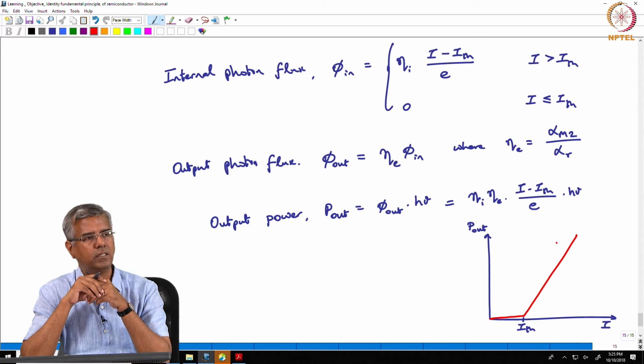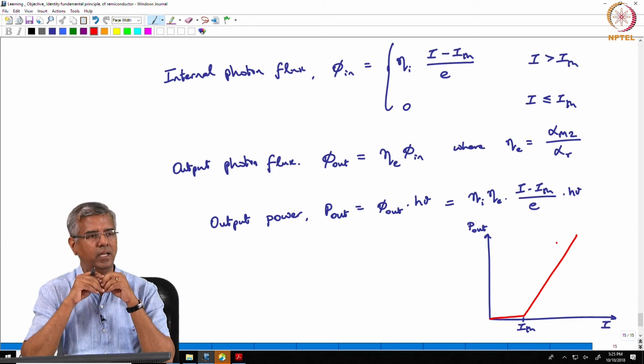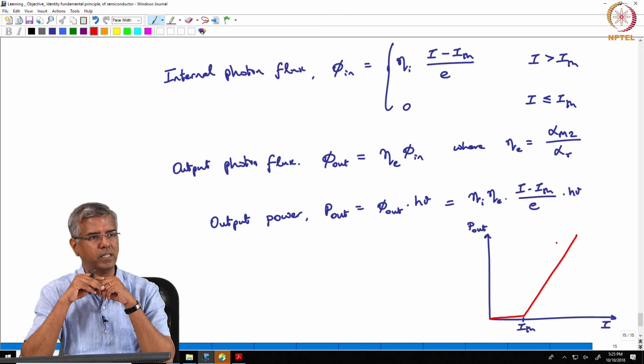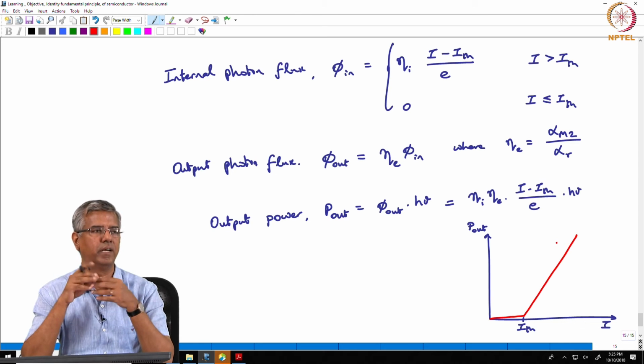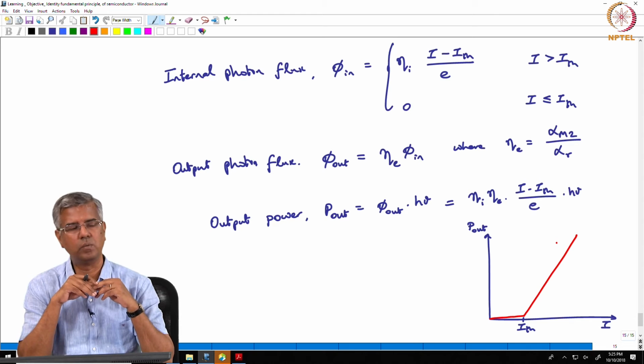The shorter the wavelength, the smaller the spot size that you can get, because the diffraction limit scales as a function of wavelength. So, the shorter the wavelength, you can get smaller feature sizes. If you want to do lithography with very small features, you use ultraviolet light sources, and lasers can be used for that.